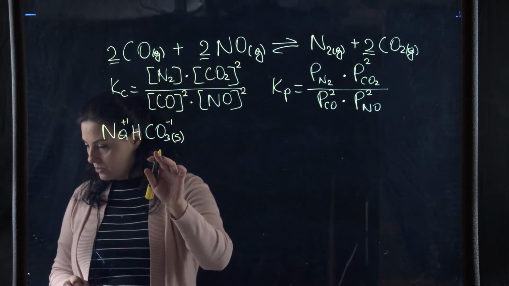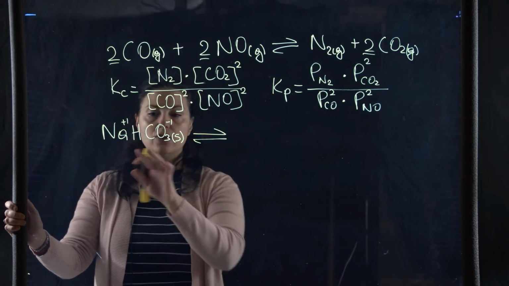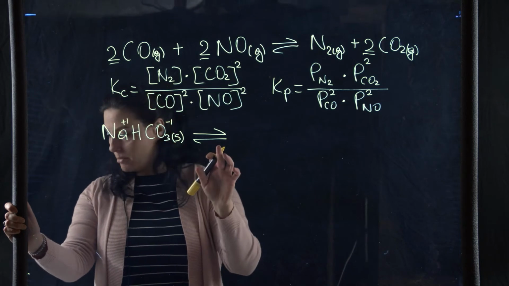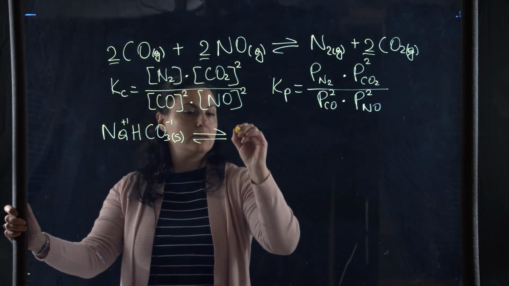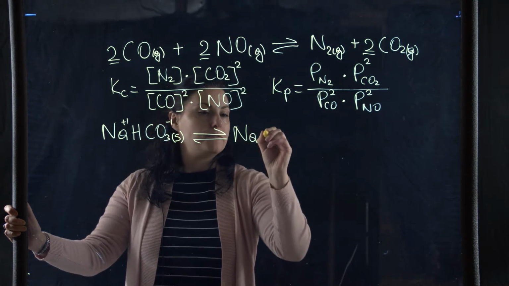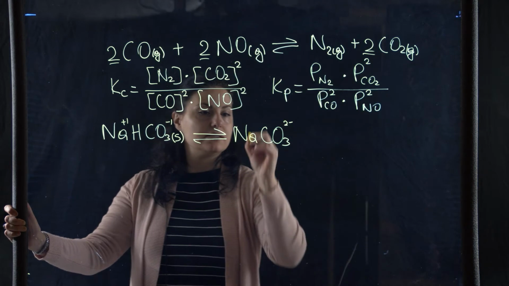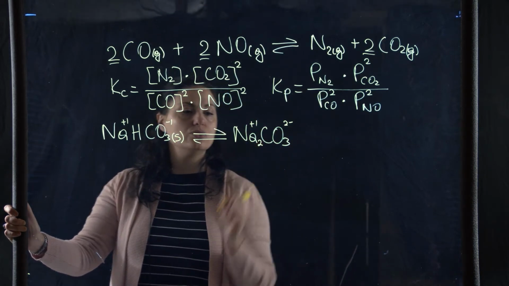This compound decomposes, so I know that it's not reacting with anything. It's a decomposition reaction. So it decomposes to form solid sodium carbonate. This is a 2 minus. This is a +1. Therefore, to make this a neutral compound, I need 2 sodiums.